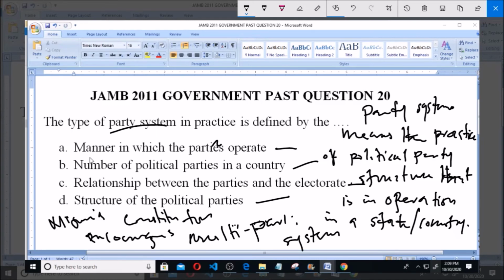And that's why we say it is the number. So we have some countries with one party system. We have some countries with two party system, and so on and so forth. So this has to do with number. That's why option B is correct. So number of political parties in a country. So option B is correct.